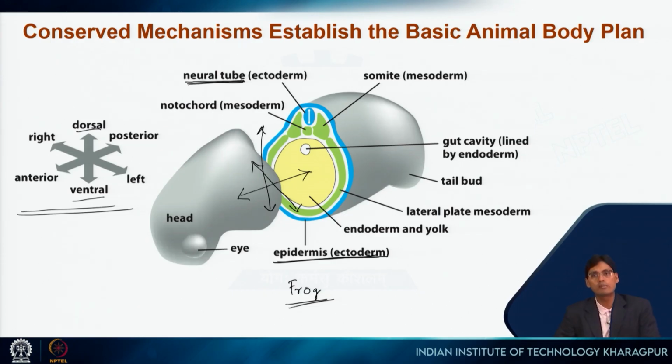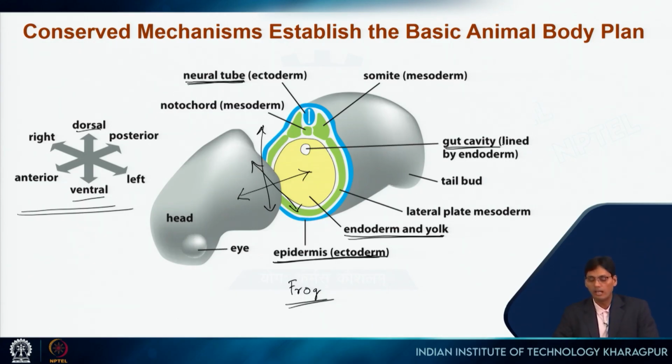The neural tube formation takes place from the ectoderm itself. And now at the very middle, we have the endoderm and yolk. This is shown in yellow color, and inside the endoderm you can see a hollow cavity-like structure. We call it the gut cavity, which is lined by endoderm.